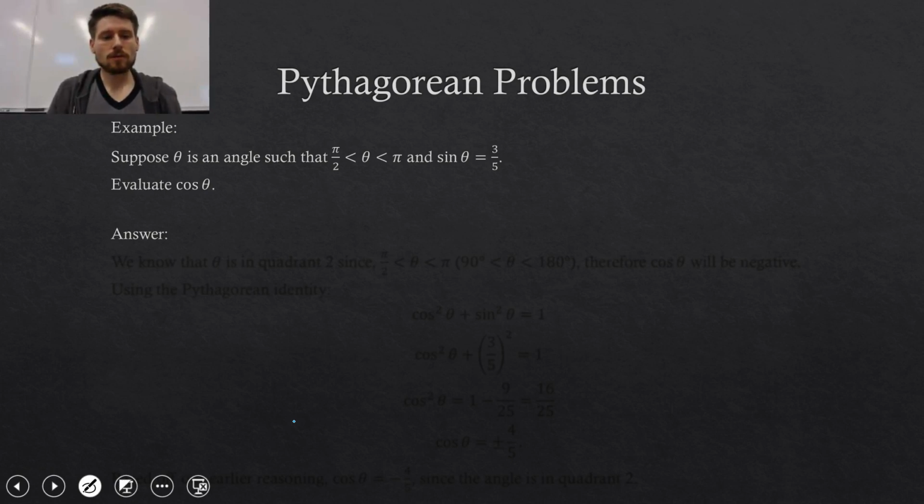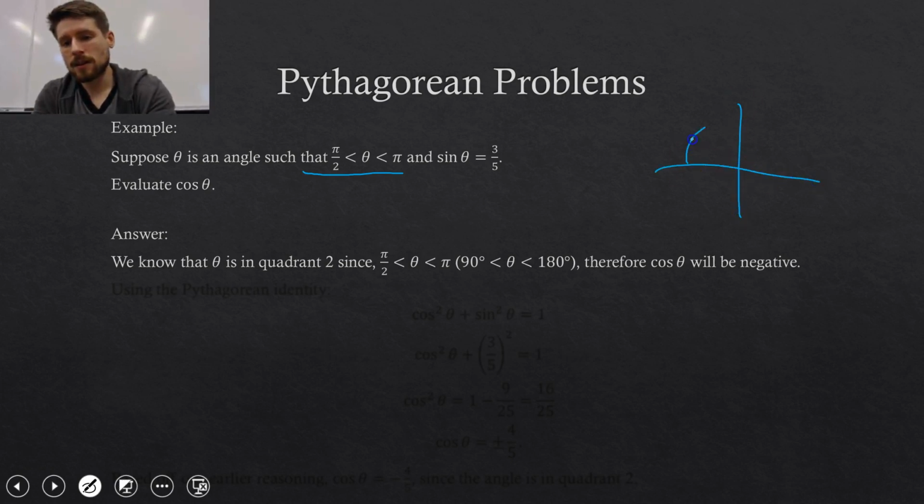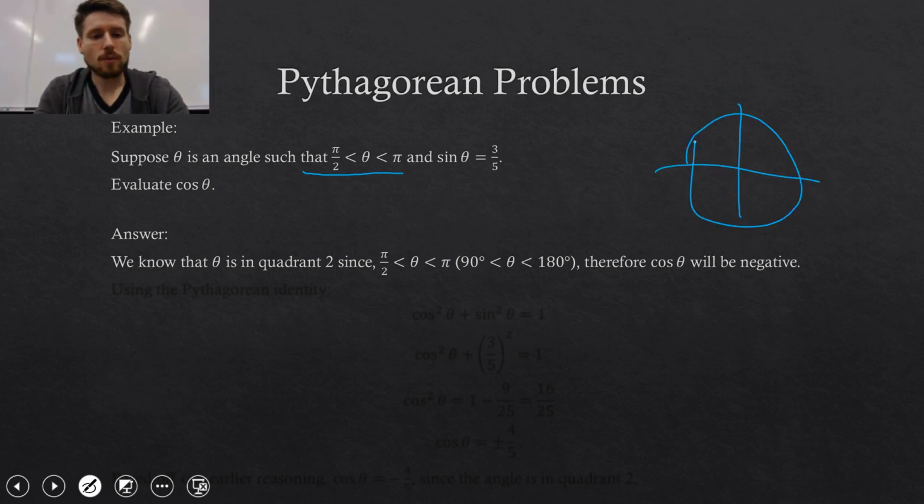Okay, so let's start trying to figure this out. Based off of the first bit of information, we know that the angle is going to be in quadrant 2. So I'm going to sketch it out. Here's my unit circle. Theta is more than pi over 2, here's pi over 2, and it's less than pi, so there's pi.